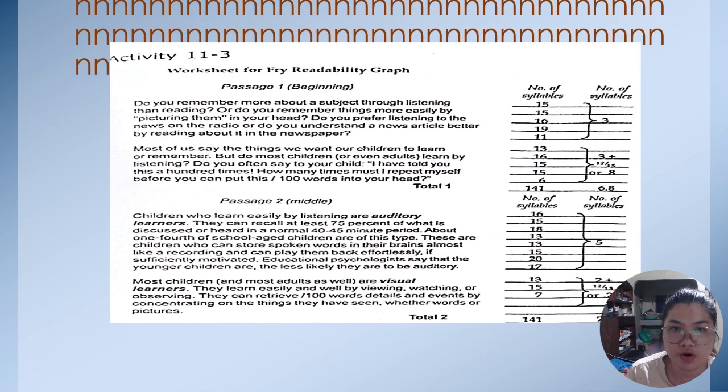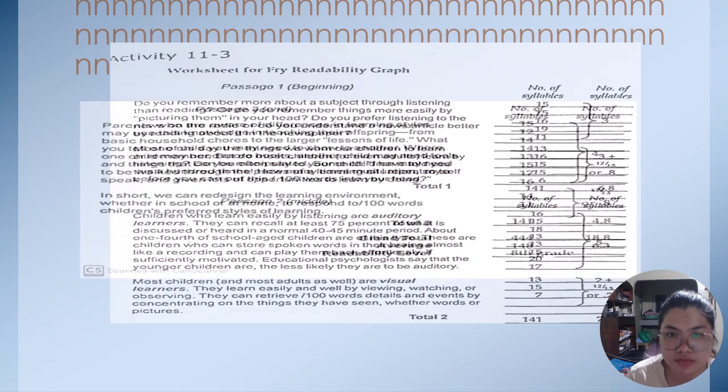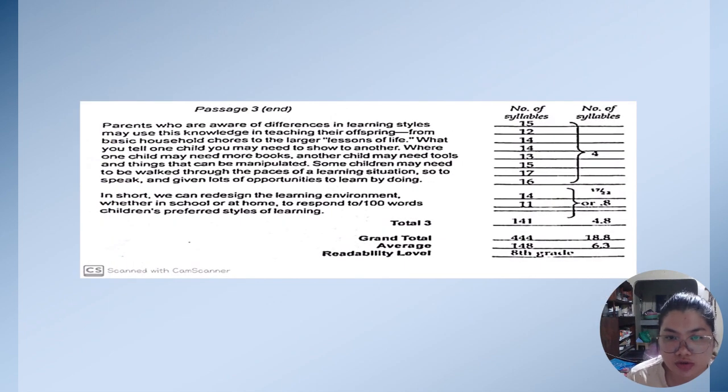This is what will happen when we're done counting and writing the syllables in the passage that is given to us. You will see the beginning, the middle, and the number of syllables here, continuing until the last part, which is the total.